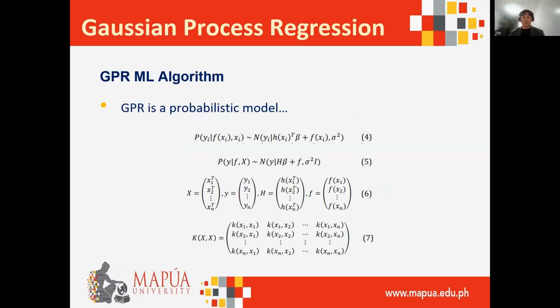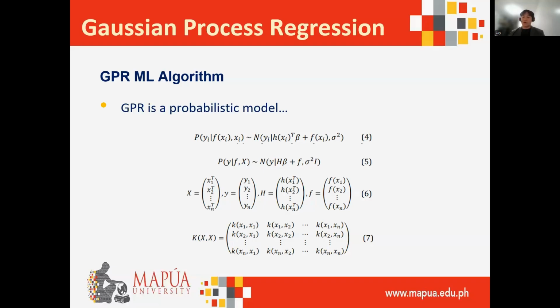Equation number four can also be transformed to its vector form, as shown in equations 5 to 6, wherein equation 5 is the vector form of equation 4, and equation 6 gives the vector values for the coefficients needed for equation 5.